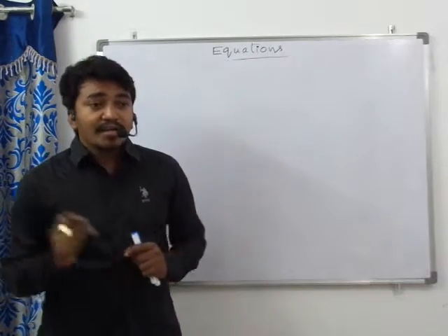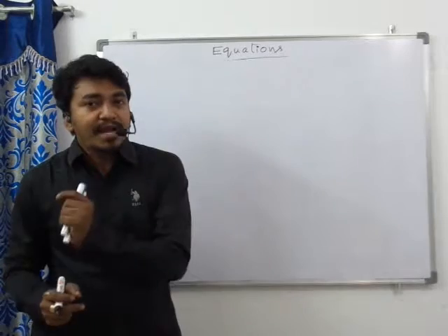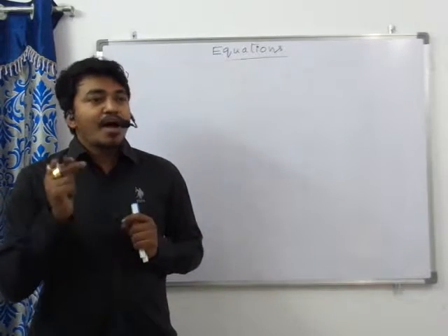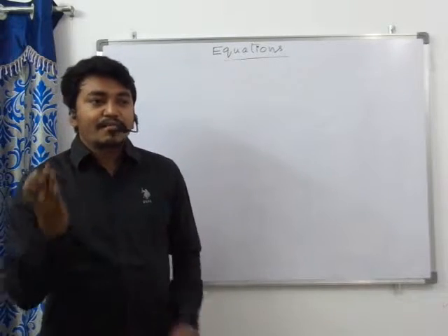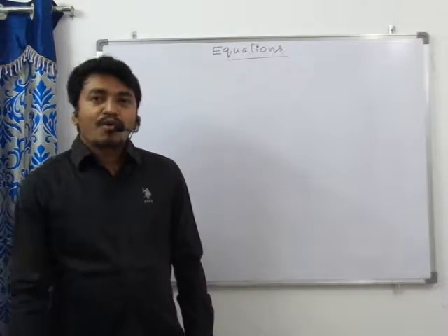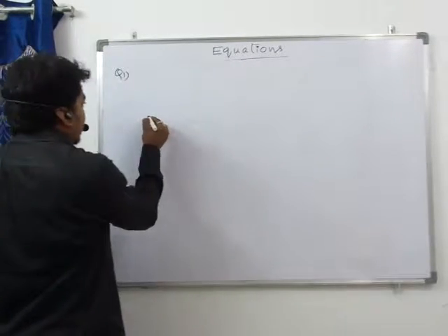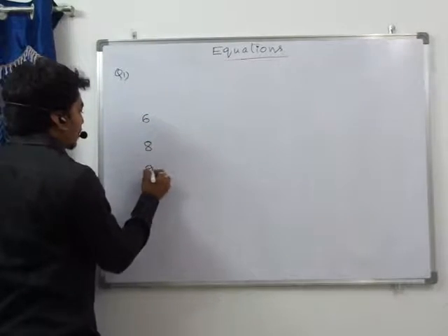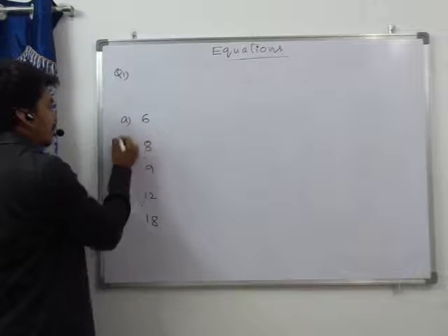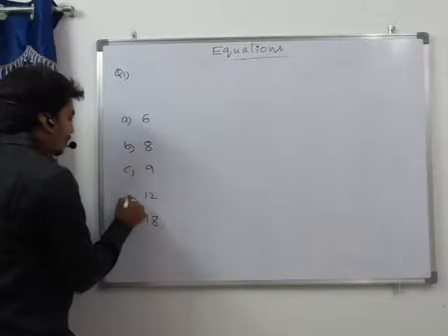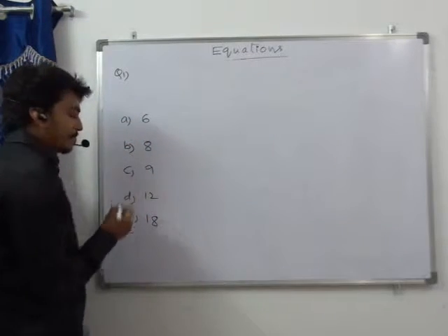If father and son work the same amount of time together on a job, how many hours does each of them work if their combined labor charge is $108? The options are 6, 8, 9, 12, 18. We have 5 options: A, B, C, D, E.